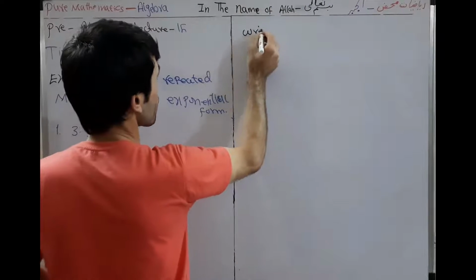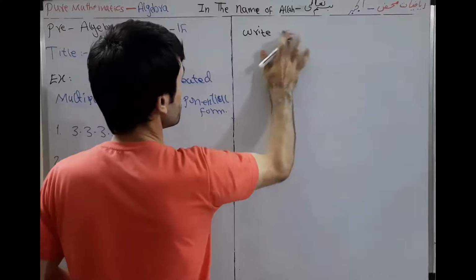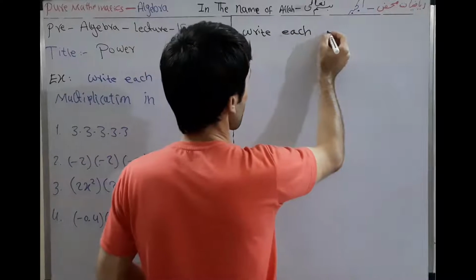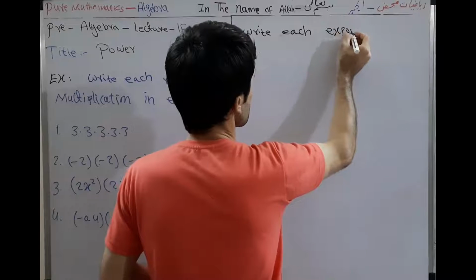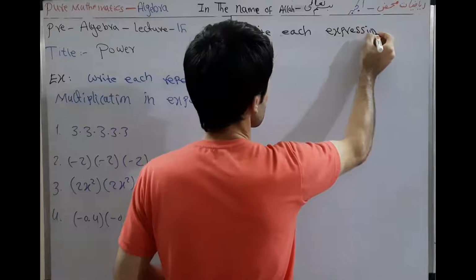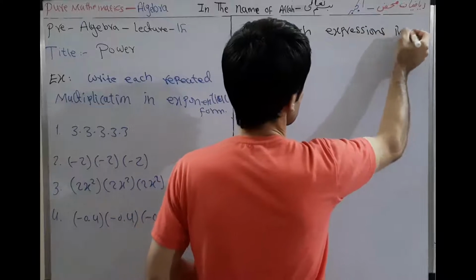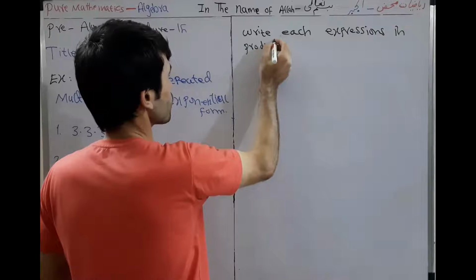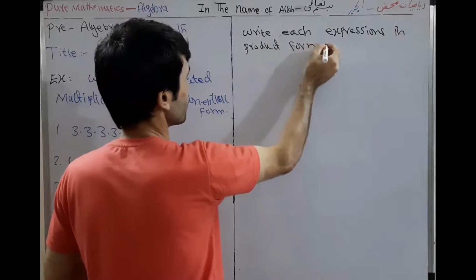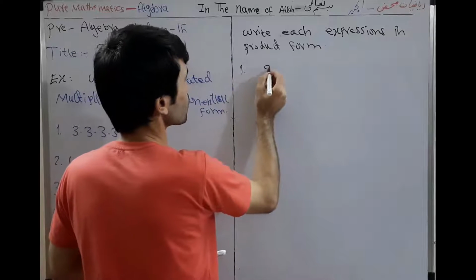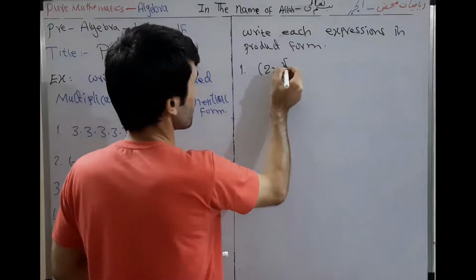Now write each expression in product form. Number 1, 2x whole to the power 5.